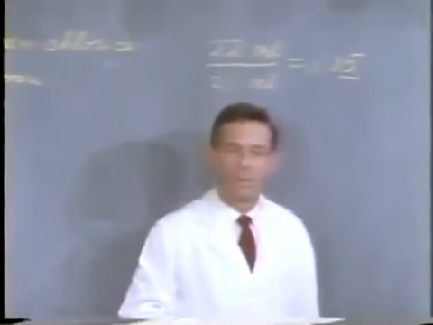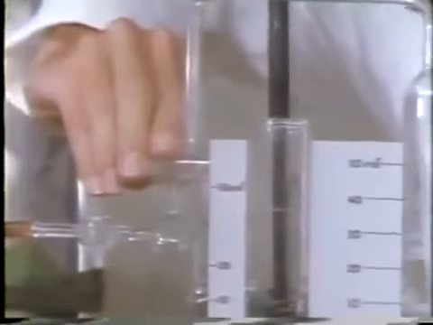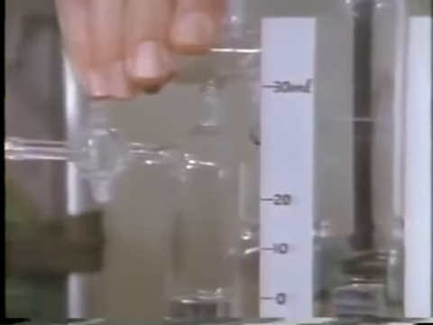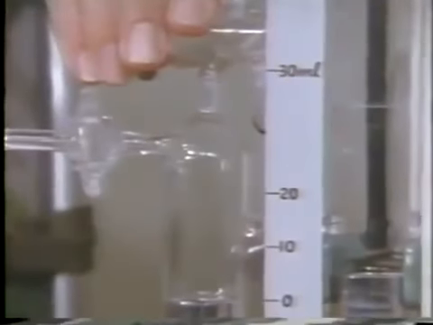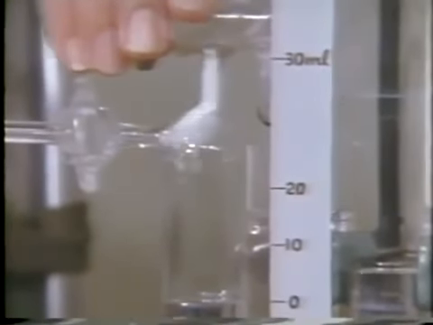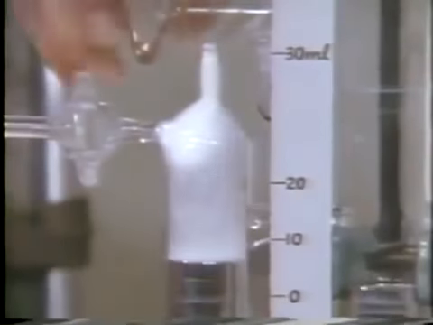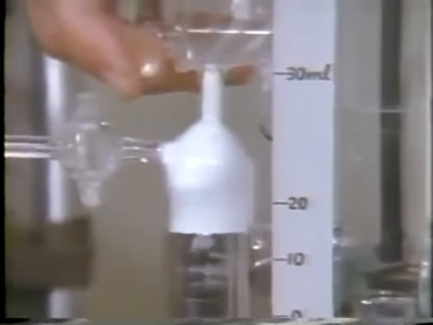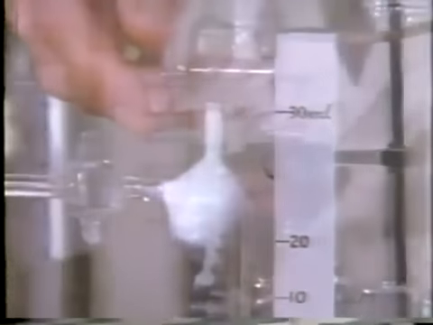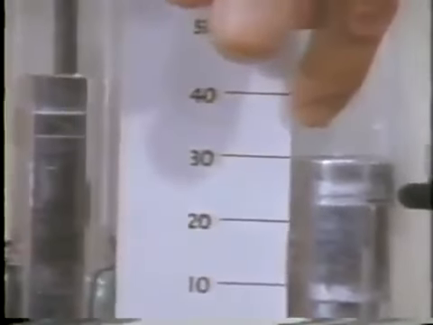Now let's repeat that measurement. The apparatus has been refilled and the levels of the two gases again adjusted to 0. This time, let's wait until all of the ammonia is consumed. After adjusting the leveling bulb on the right, we can see how much hydrogen chloride was needed.